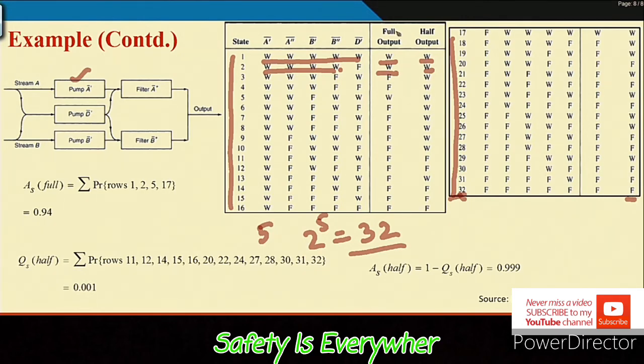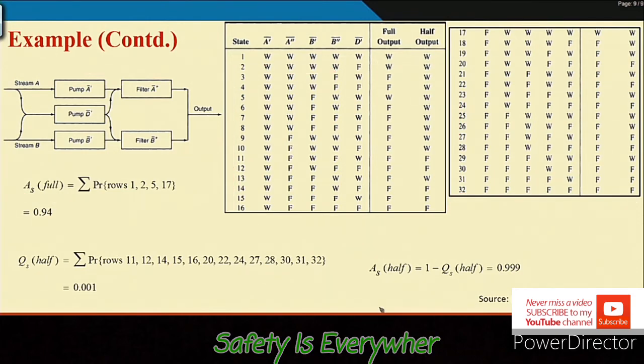Now you see what you want to do. You want to find out the AS full, okay, or AS half. So you find out under which combinations AS full is W, working, and under which combinations AS half is working. If you see the table carefully, you see that for AS full, it is the first combination, second combination, fifth combination and 17th combination.